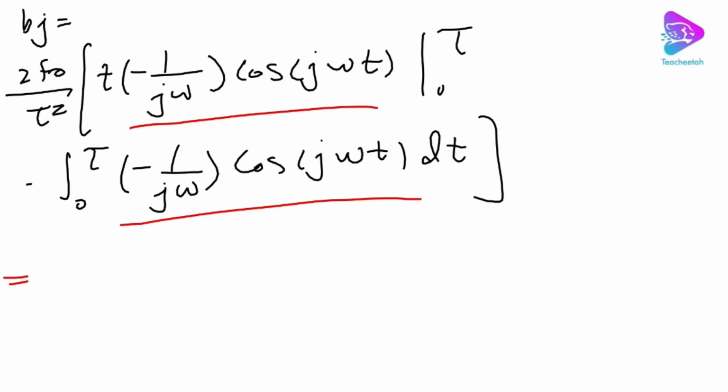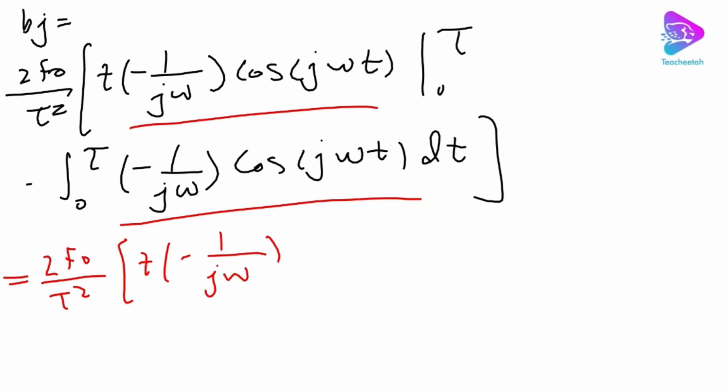This is equal to 2 f naught divided by tau squared. For the first part, we have t, I'm going to write it again, doesn't matter, t times minus 1 over j omega cos j omega t from 0 to tau, right?